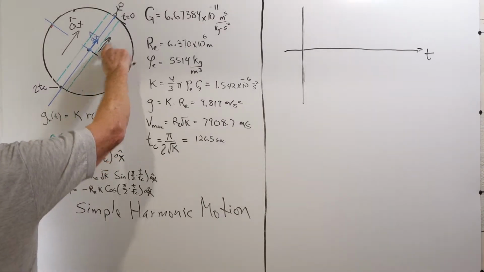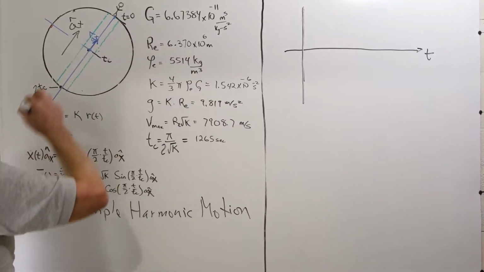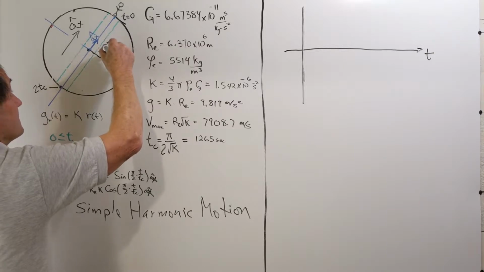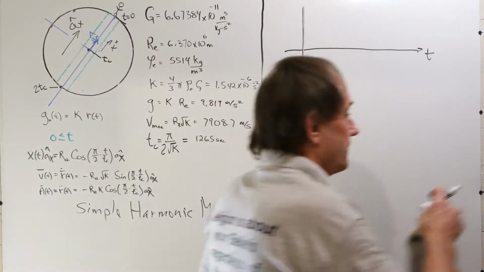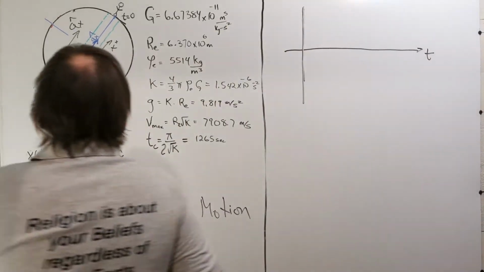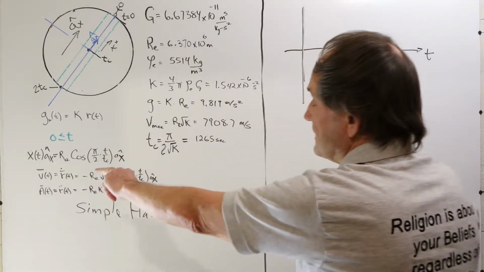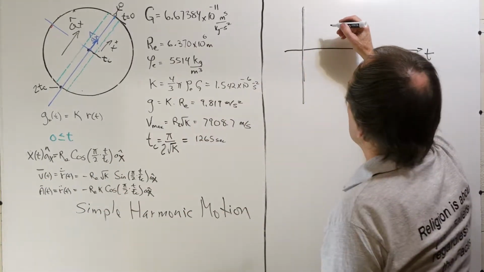Our x is measured from left to right from our coordinate axes here. So positive x is in that direction. So now let's plot x as a function of t. So we start with the cosine.